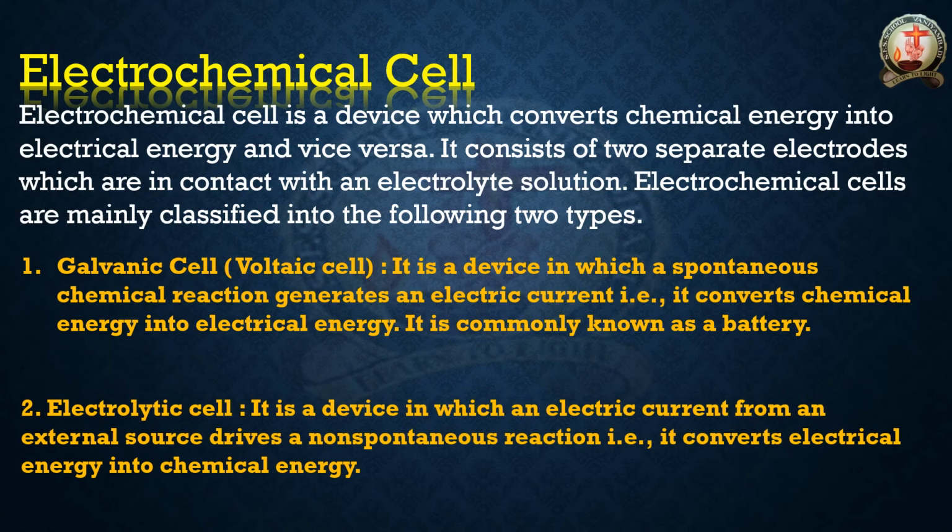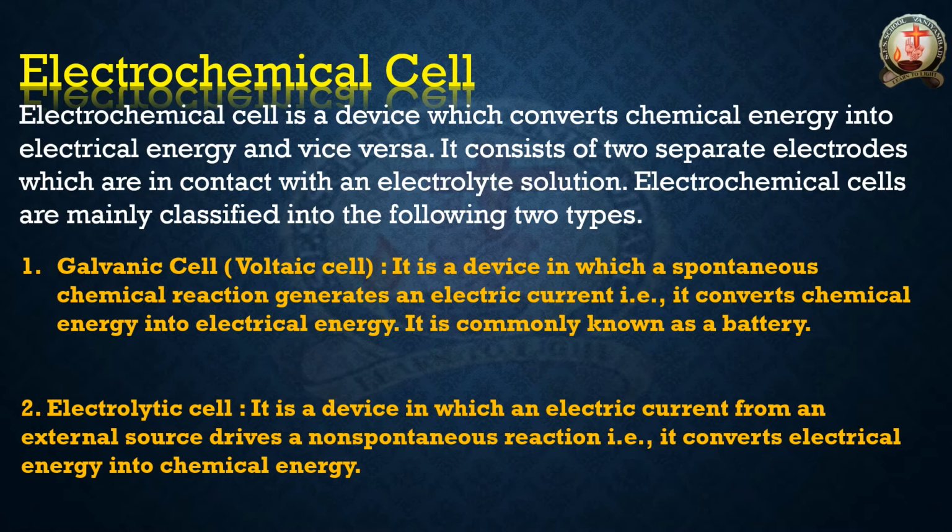Then the electrolytic cell. It is a device that uses an electric current from an external source to drive a non-spontaneous reaction. It converts electrical energy into chemical energy. The best example is our electronic batteries: mobile batteries, laptop batteries, all rechargeable batteries come under the electrolytic cell.